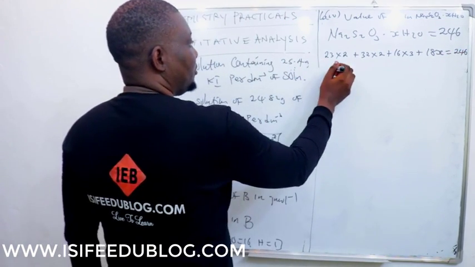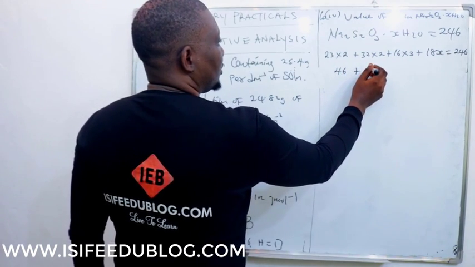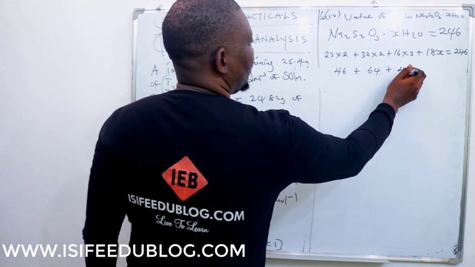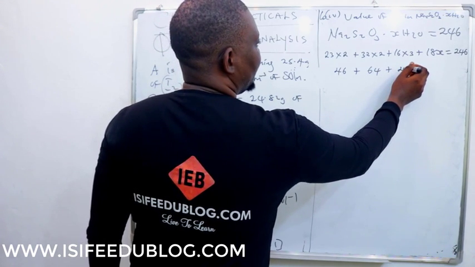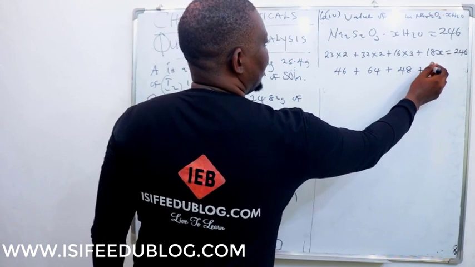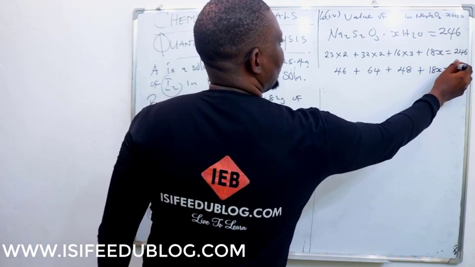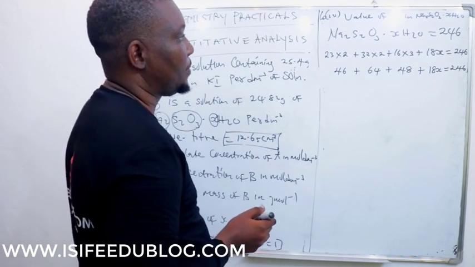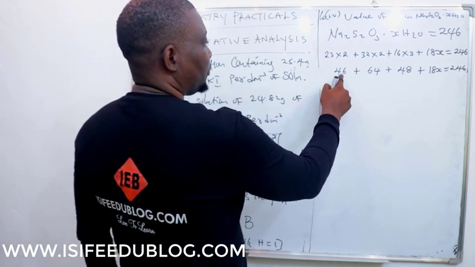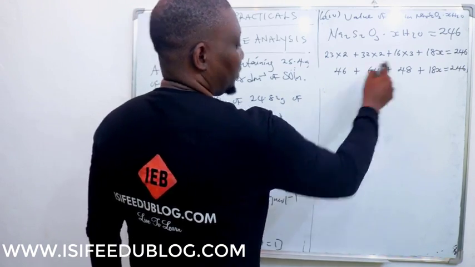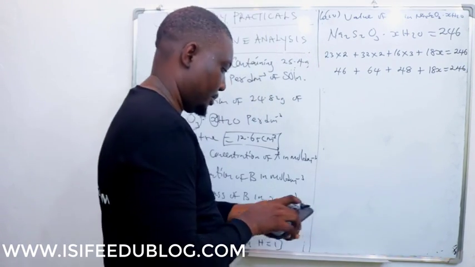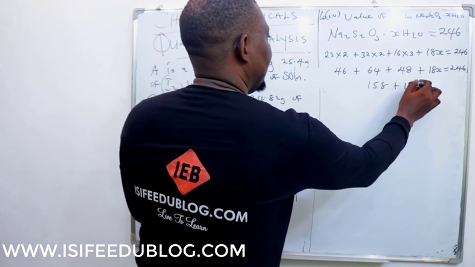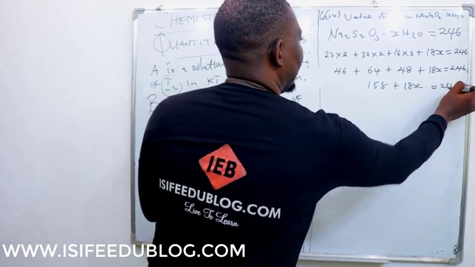So this gives 46 plus 64 plus 48 plus 18x equals 246. Altogether 46 plus 64 plus 48 already gives 158, plus 18x equals 246.